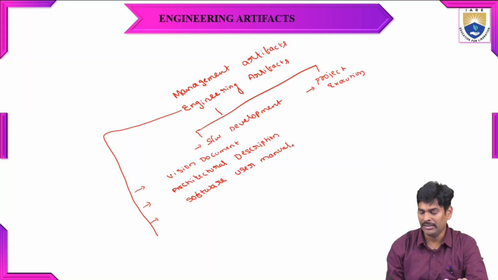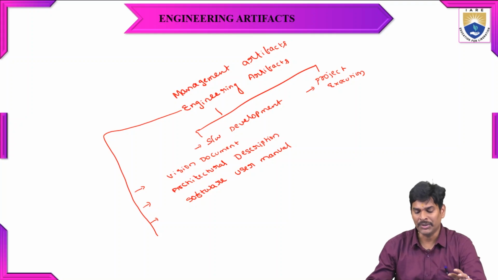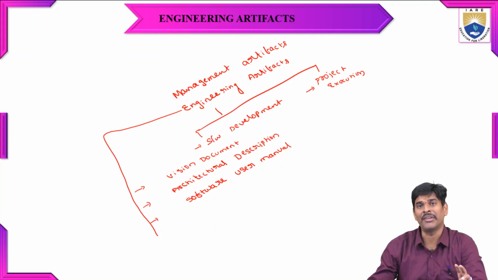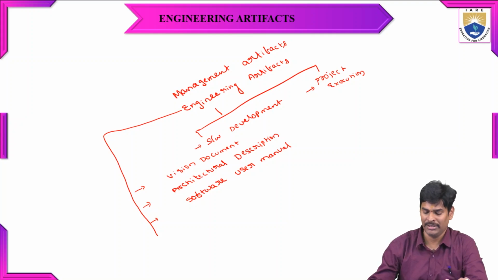So accordingly, in the standard textbook, these are the main three artifacts we are going to discuss: the vision document, architectural description and software user manual.